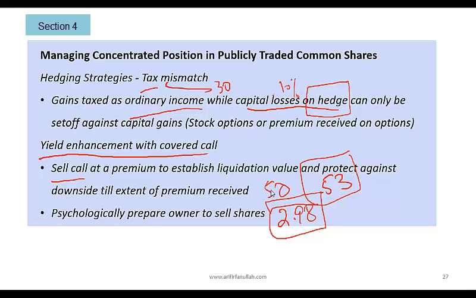The first point is that he has established the liquidation value, and the second point is he's protected against a downside of 2.98, which is the option premium that he has received. Okay, and given that he has sold a call, he has psychologically prepared himself to sell this concentrated holding.